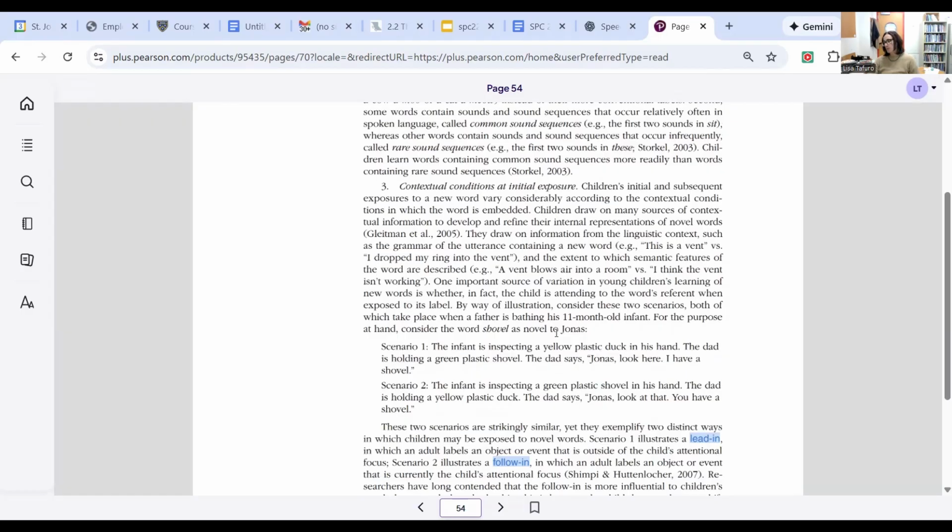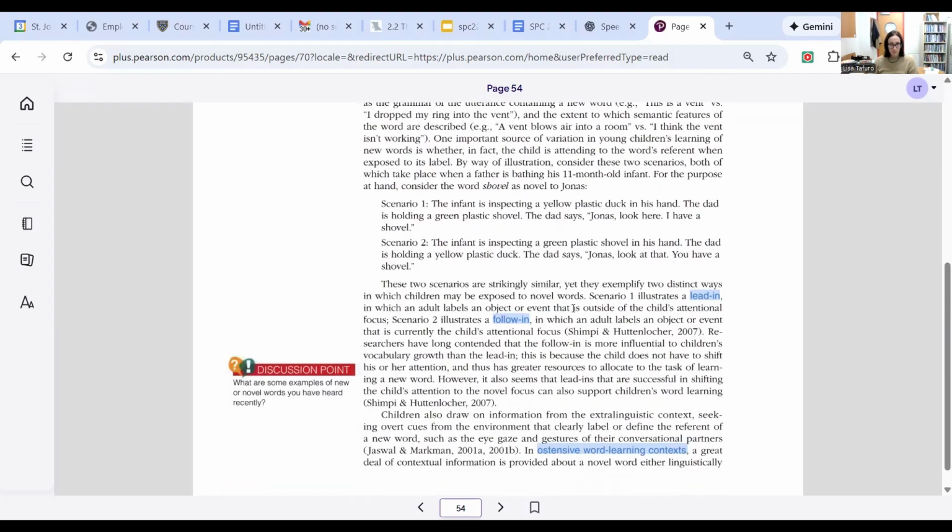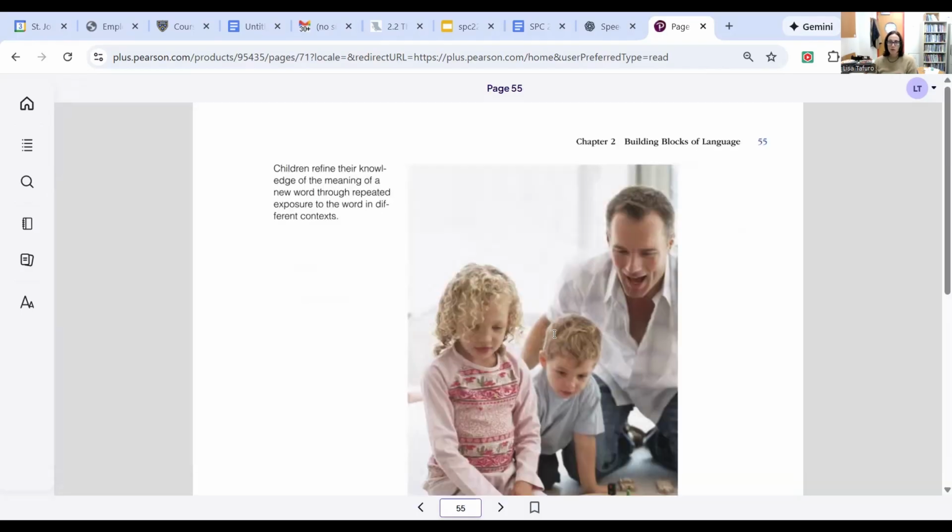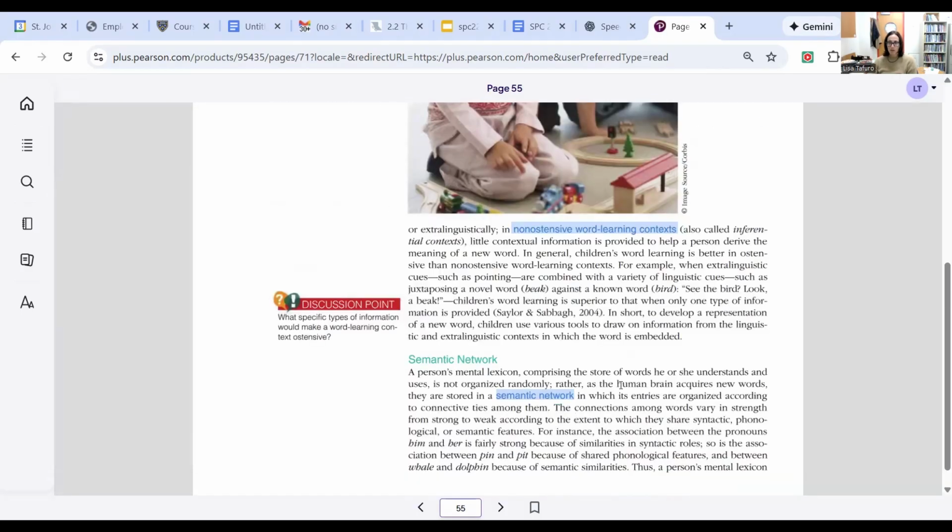So the more exposure they have across varying contexts where the meaning remains stable, the more likely children are to have a better understanding of those words and to use them. And you could also look at some of the different scenarios that are important and predict word learning.